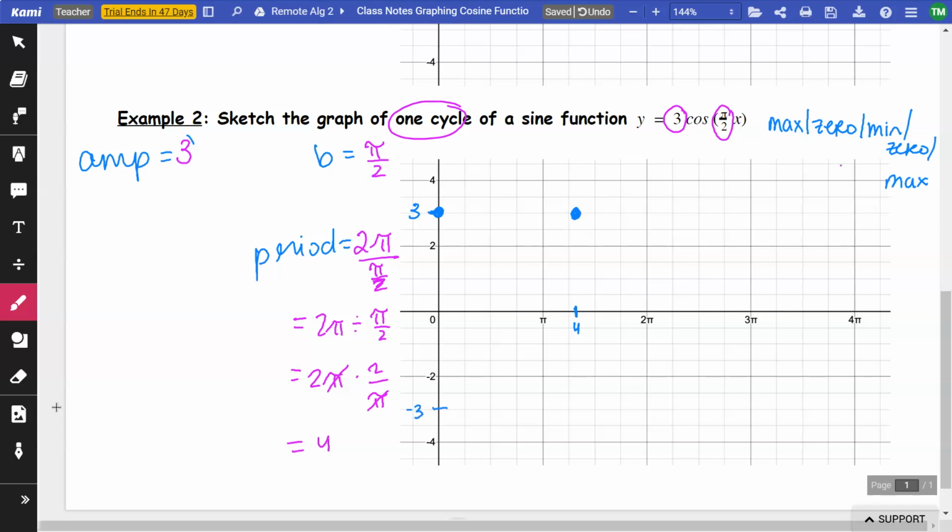So I just need to figure out where 2 is here. Well, what's halfway between 0 and pi? Let's see, pi divided by 2 is 1.571. Then halfway between that and pi, pi minus 1.571 divided by 2 plus 1.571 is 2.35.